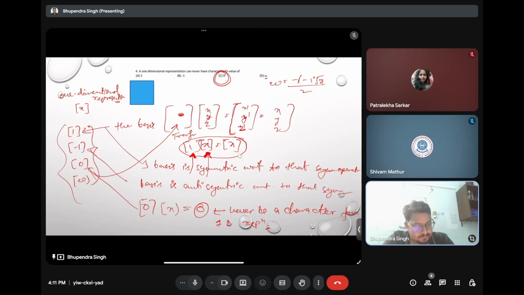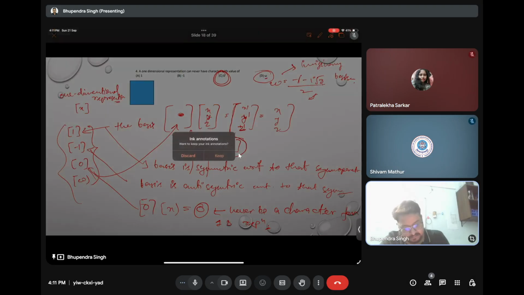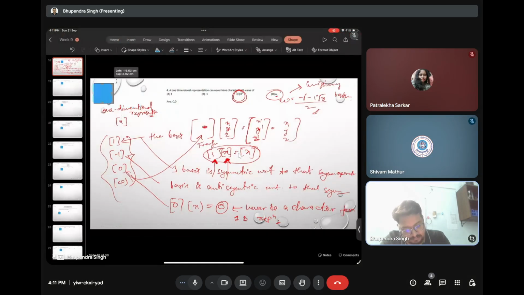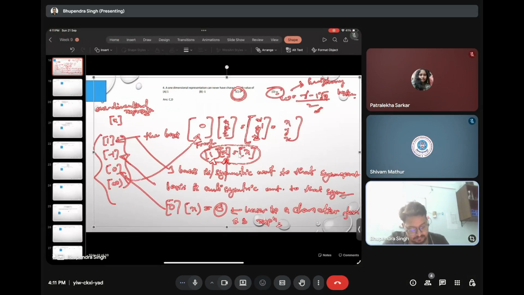So this will transform your basis to an imaginary basis, which is also not possible. So I think these two are answers, but the question is saying a one-dimensional representation can never have a character with value of. Is it a multiple select question? Okay, the answer is CD.